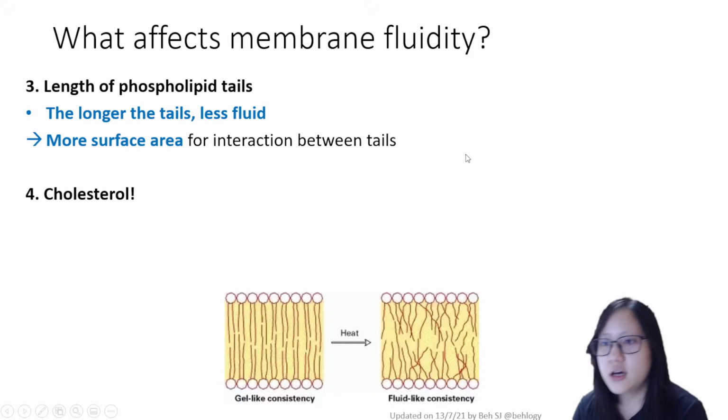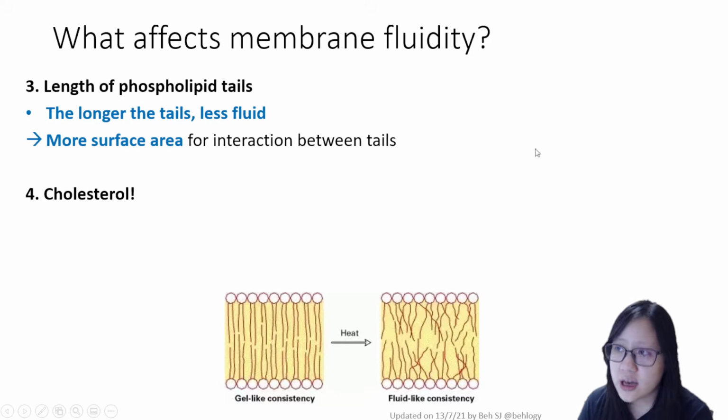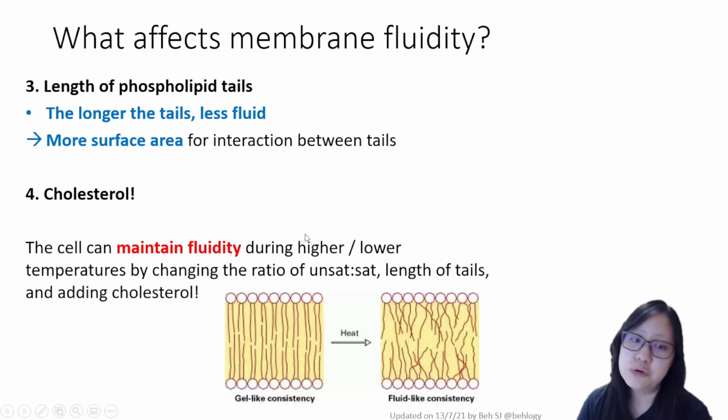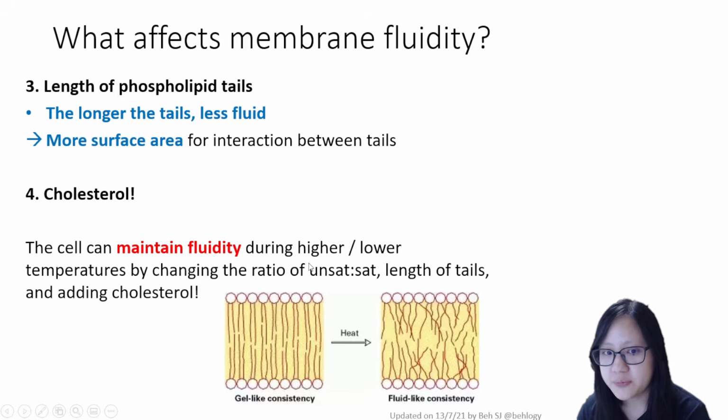Now, your cells will be exposed to different temperatures, right? Sometimes higher or lower temperature. The cell has this optimum fluidity that it has to be at, a very sweet spot of fluidity, in order to function optimally.